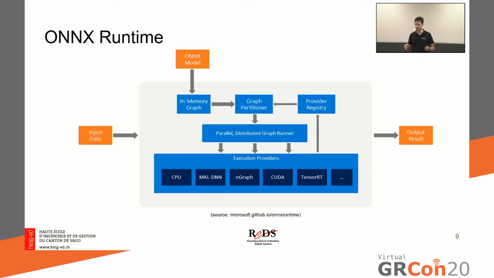Execution providers are an abstraction for these software and hardware accelerations. Then it takes the input data, uses the model on that input data, and produces some output. And here the extensibility comes from the execution providers.